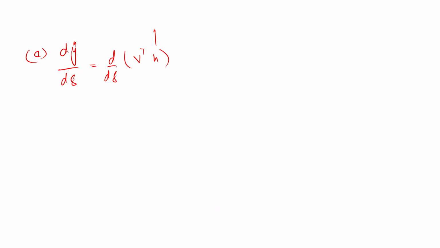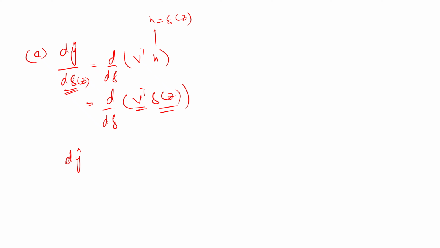And h is actually sigma of z. So I can write this as d by d sigma of v transpose sigma of z. Now I have two terms, v transpose and sigma of z. When I differentiate, I directly obtain dy hat by d sigma of z is equal to v.